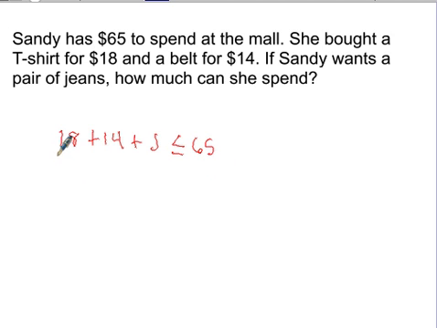So 18 plus 14 is 32. 32 plus J is less than or equal to 65. So subtract 32, and J is less than or equal to 33. Okay?